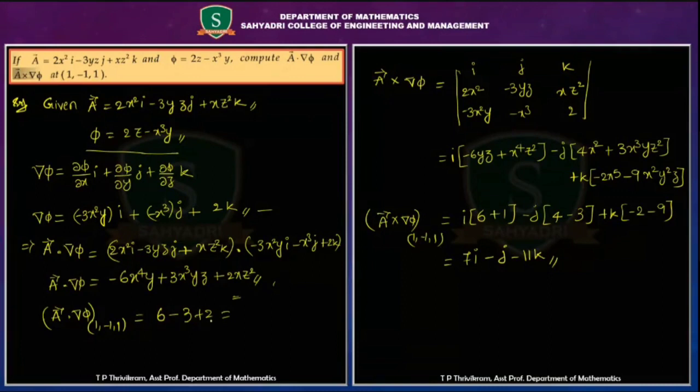So minus 3 plus 2, total 8 minus 3, so I'll get 5. Okay, A dot del phi value is 5 and A cross del phi value is 7i minus j minus 11k.